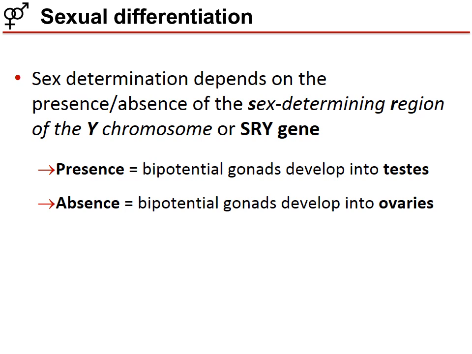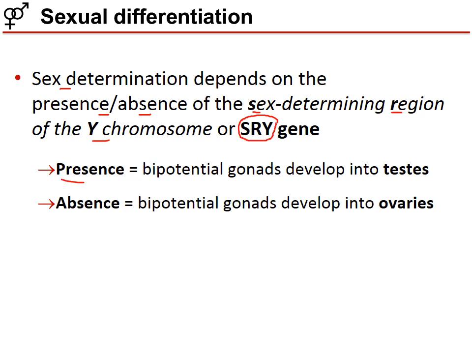So what actually directs this single cell zygote to become either a male or a female fetus? Yes, we've said that the sex chromosomes that zygote has will drive the whole process of sexual differentiation, but it's actually even more specific than that. This entire process of sex determination and sexual differentiation depends on the presence or absence of the sex determining region of the Y chromosome, also referred to as the SRY gene.